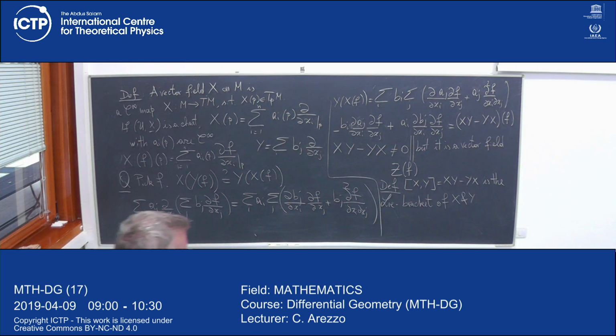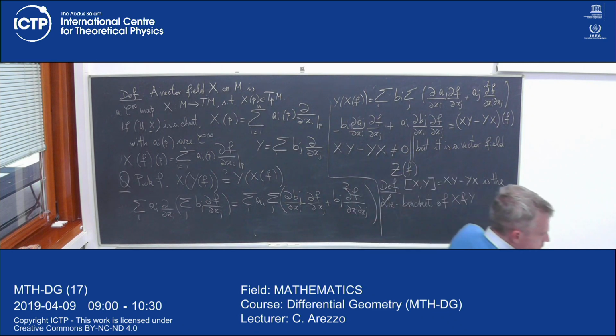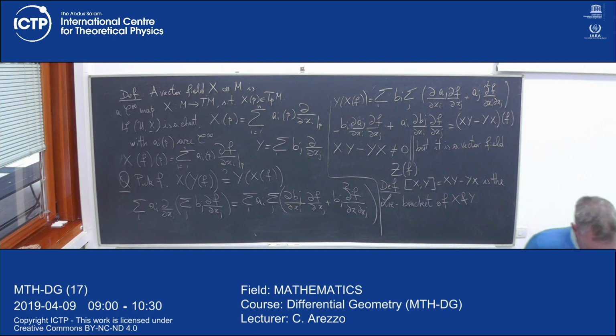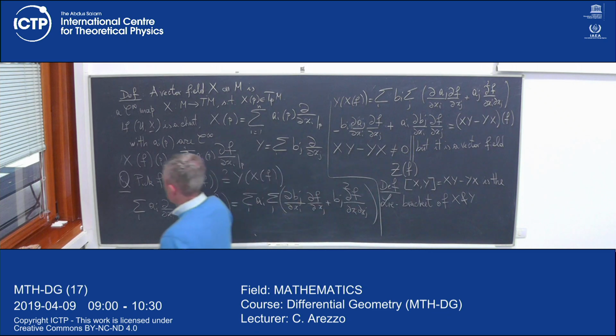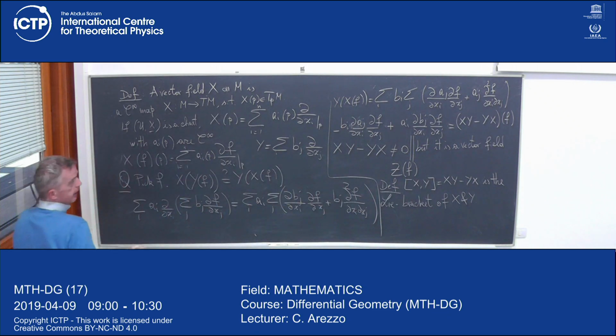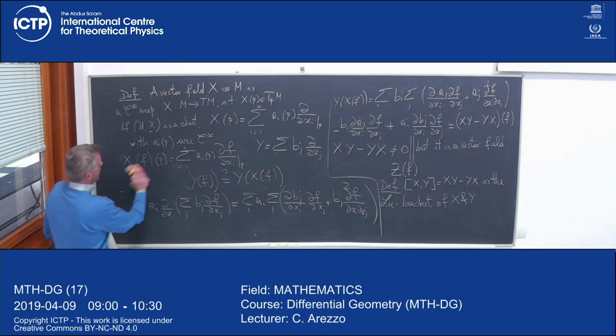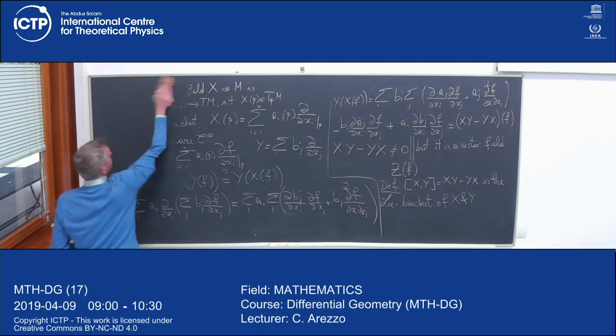So it looks like a product. We are constructing a product in the space of vector fields, and that's exactly what we like. This product has many interesting properties. Let me list here the most famous ones.